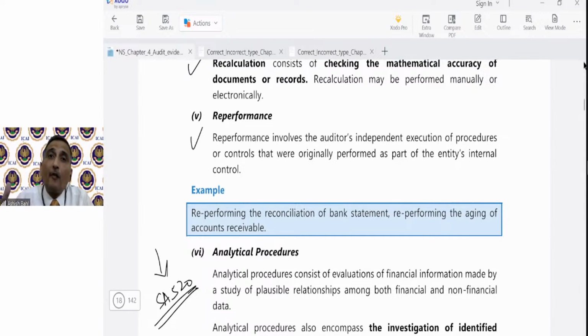There is a part of the SA devoted to it. Because inventories are normally material items in financial statements, the auditor has to obtain audit evidence about whether the inventories exist and what is their condition. So it is very much one of the main parts of gathering audit evidence.